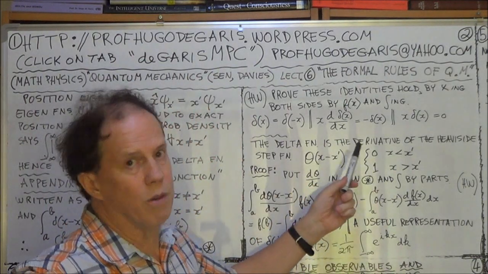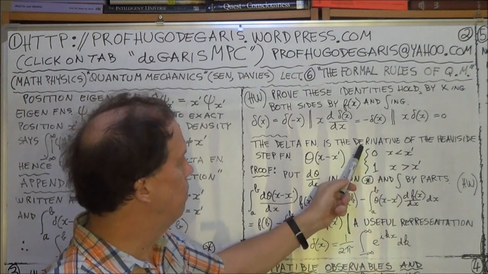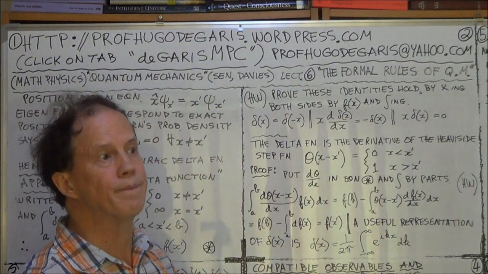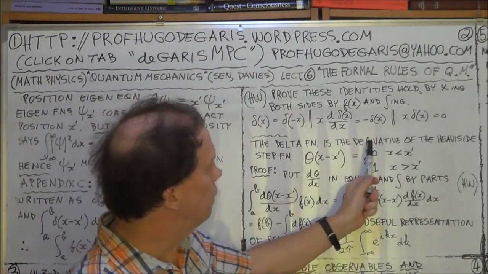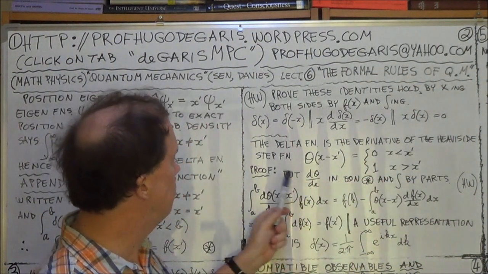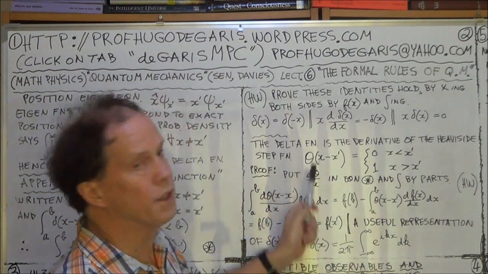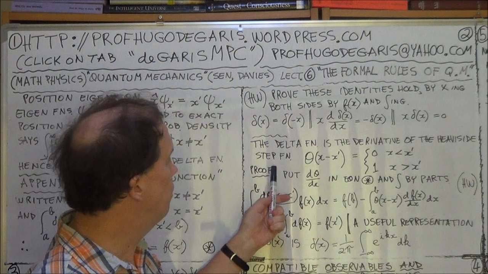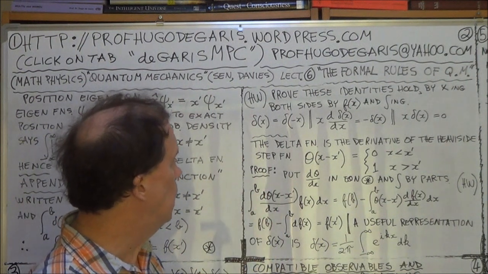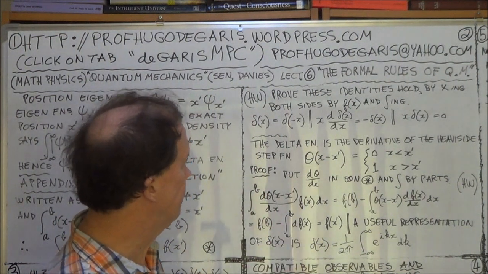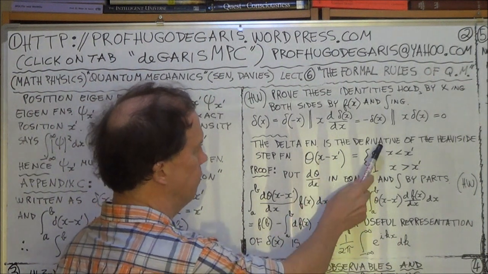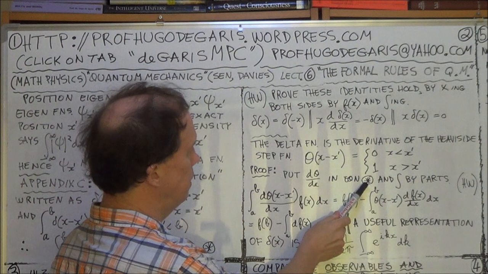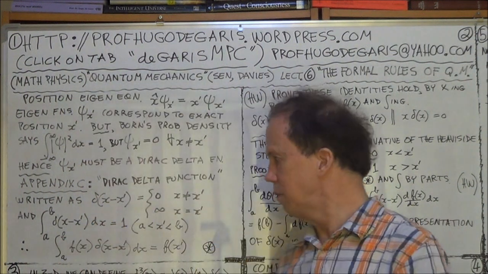Now, probably intuitively you can see that if you differentiate, take the derivative of the Heaviside function, you get the delta function. Yeah, they're related in that sense. Now, how do you prove that? Well, here's your Heaviside function, defined here, differentiate it, and then put that in this star equation, which is here.